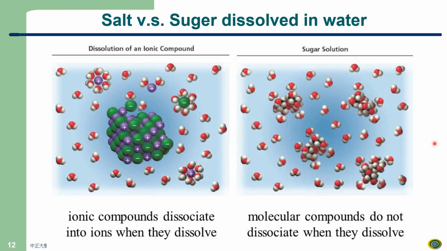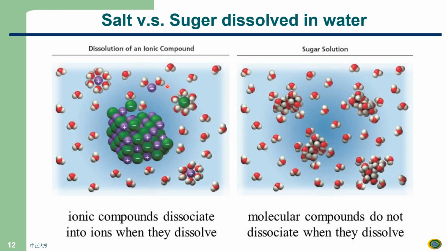So here, I just want to let you know the differences between salt or sugar dissolved in water. You know, salt is a kind of ionic compound. Ionic compound means you have a sodium cation and a chloride anion. So when you put the salt into the water, the cation and anion will be separated and will be trapped by water.